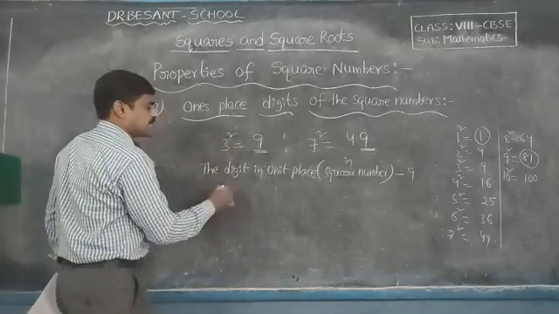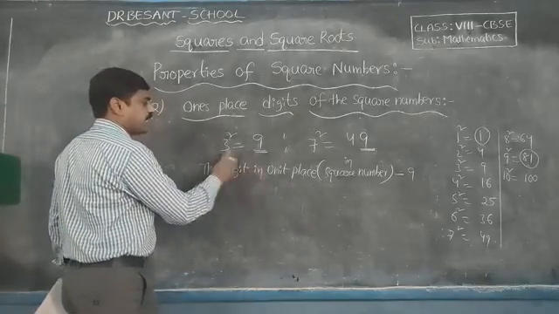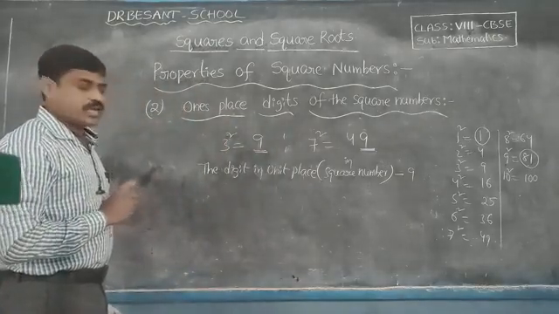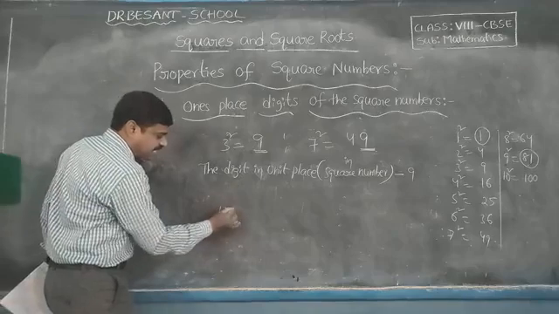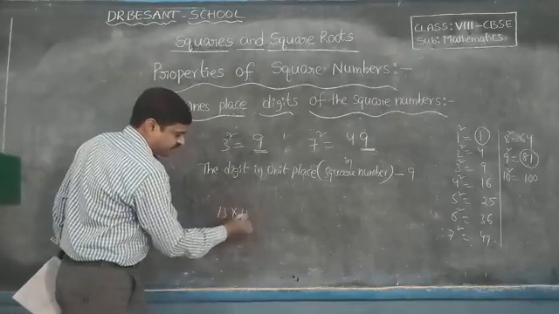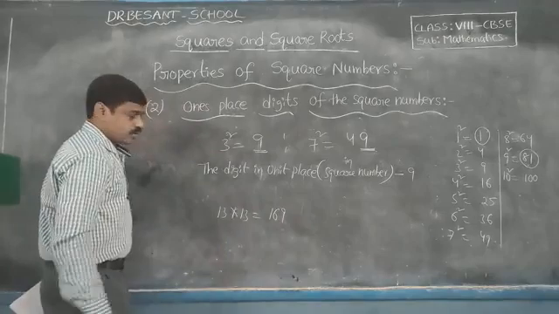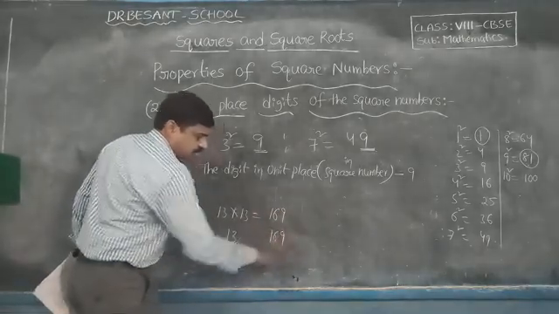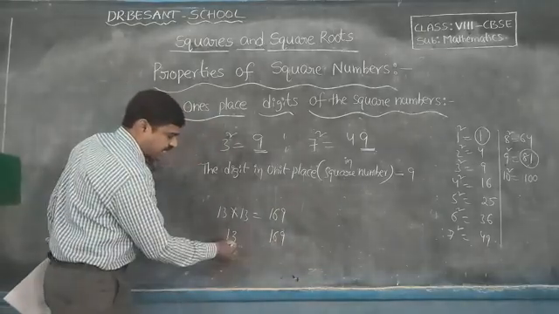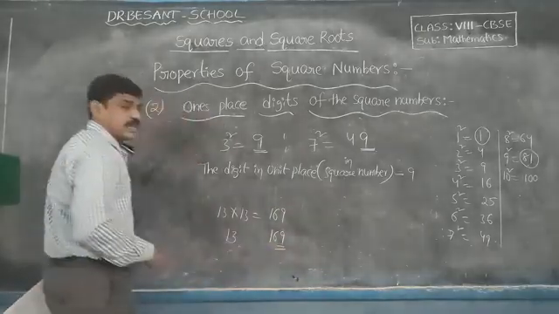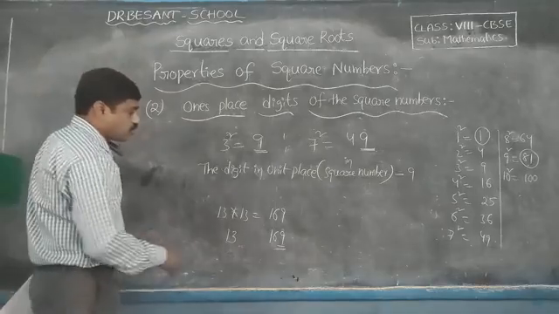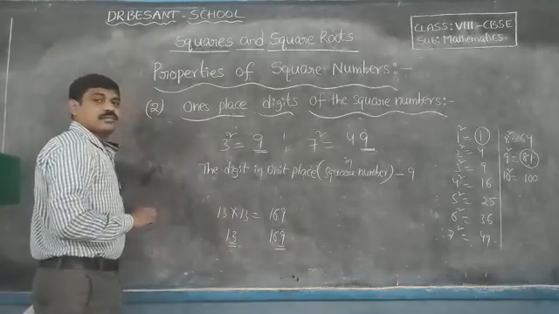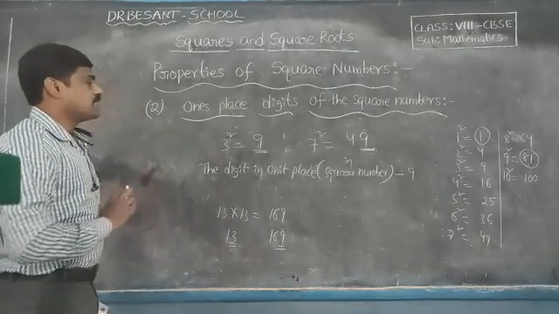So the digit in units place in the original number is 3 or 7. Okay, suppose one more example, 13 square is 169. Observe here, original number is 13, square number is 169. What is the digit in units place in a square number? 9. So what is the digit in units place in the original number? 3.